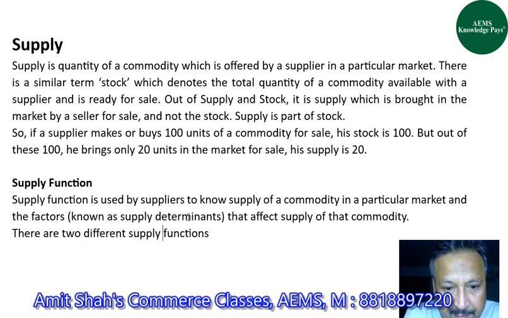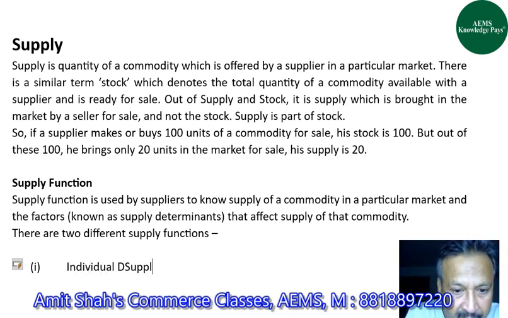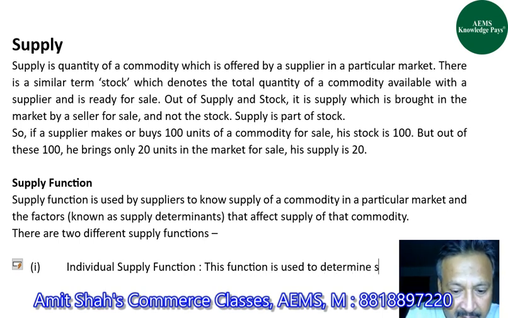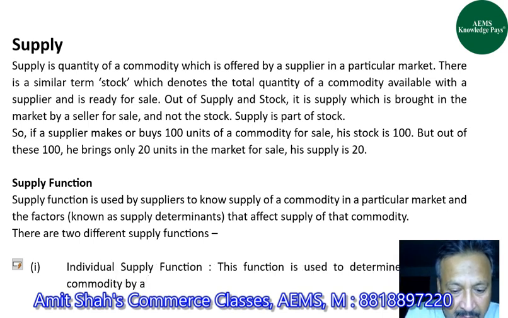There are two different supply functions. One is individual supply function. This function is used to determine supply of a commodity by an individual supplier.